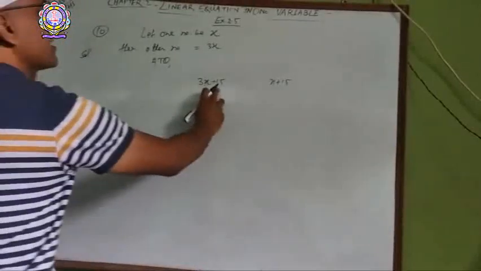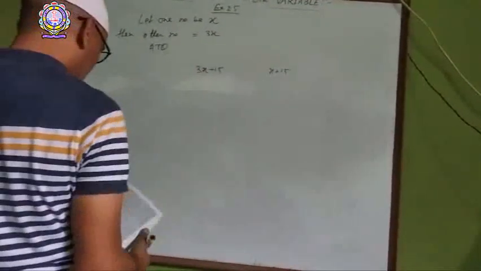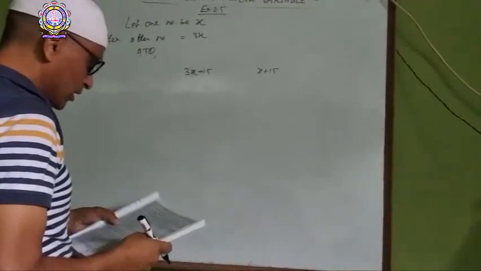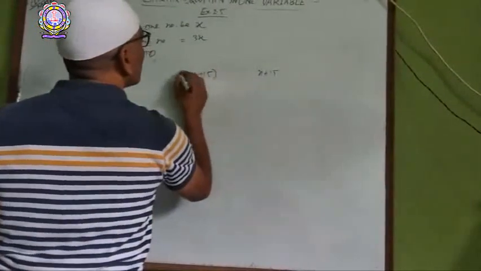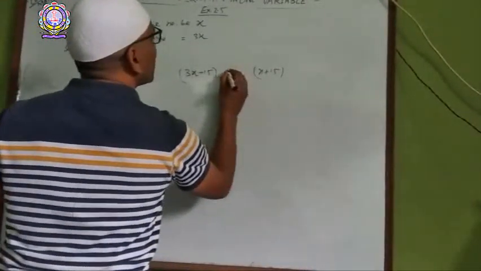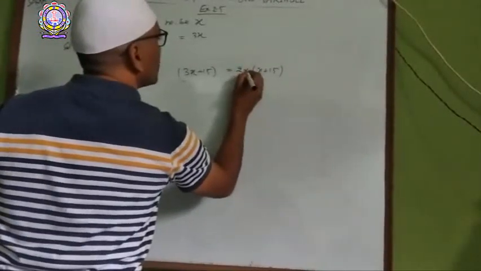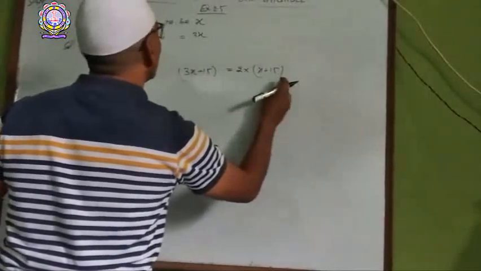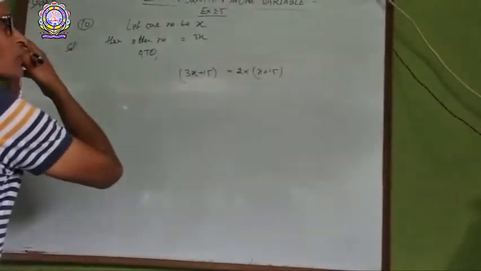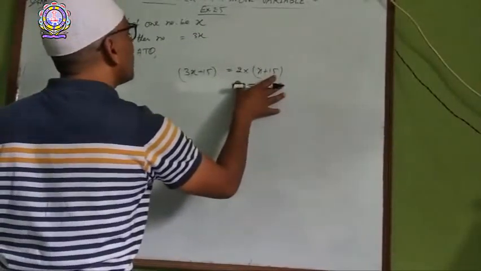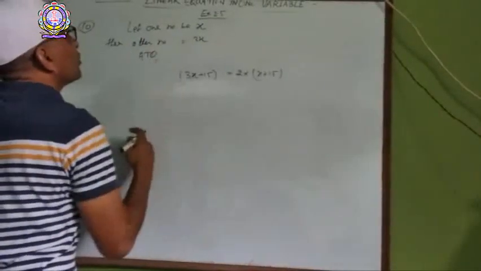If 15 is added to both the numbers, then one of them becomes twice the other. It means 2 into this will satisfy the equation. We have translated our question into the equation form, and now solve this equation and find the value of x.